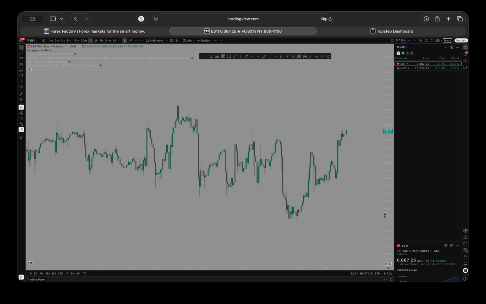But note that every single candle, each one is 1 hour long. So it took 60 minutes for this price to go up and down, up and down, up and down, until it finally settled and closed down here, all in 60 minutes. Then it went to the next candle, up and down for 60 minutes until it finally closed here and went down to the next one, up and down for 60 minutes, so on and so forth.